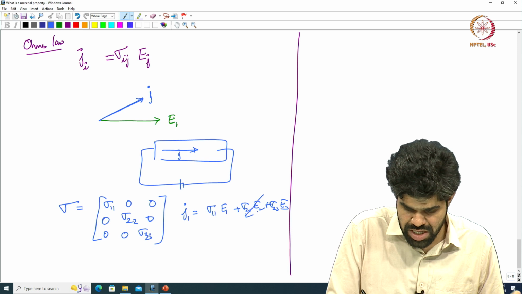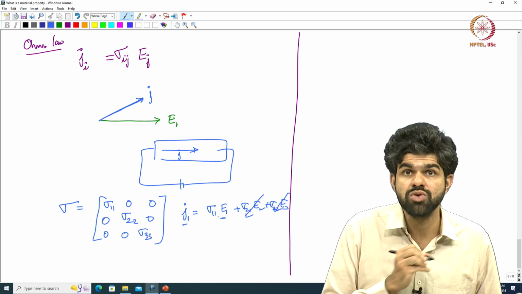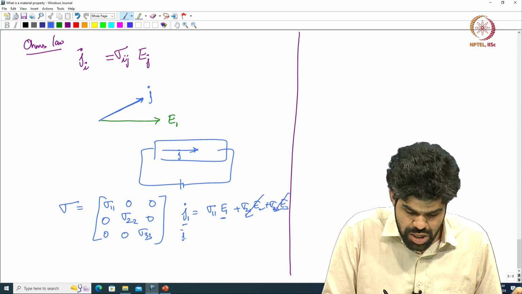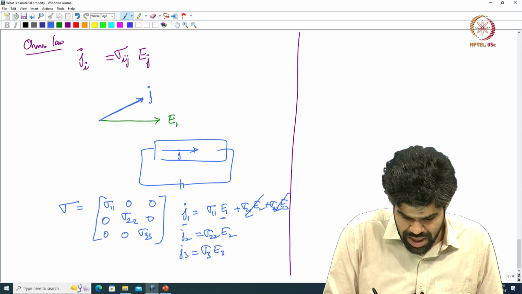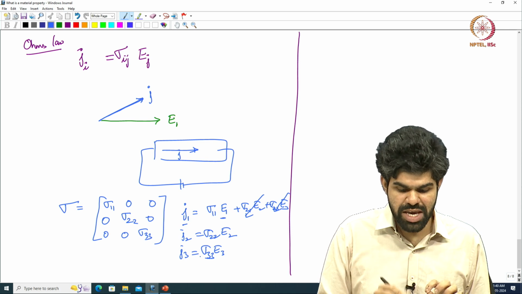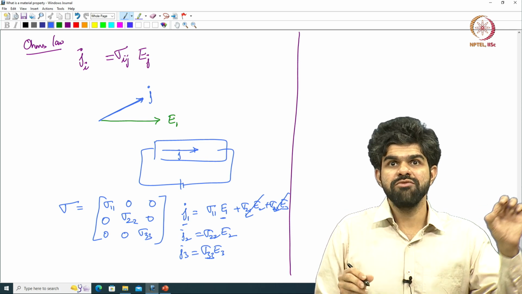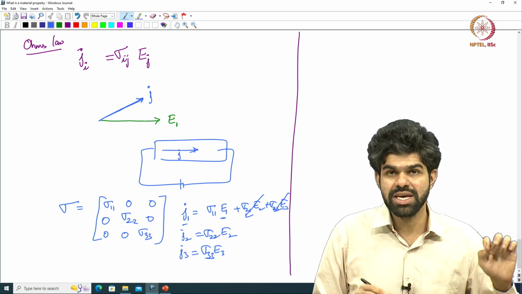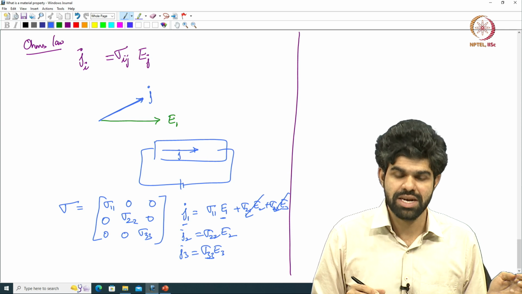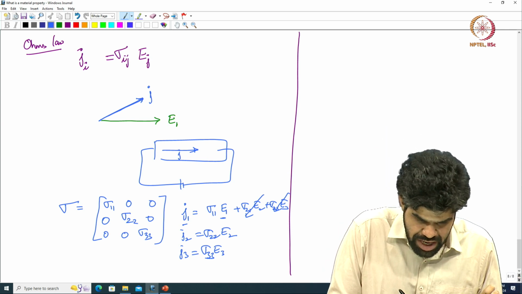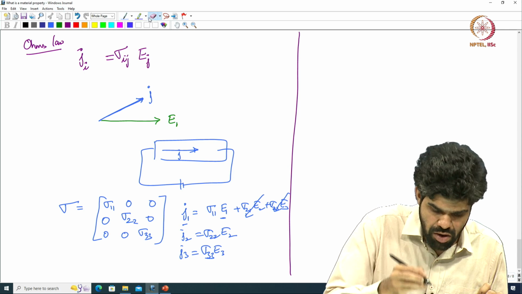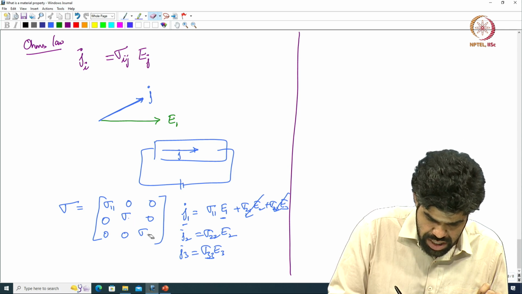These off-diagonal quantities are zeros, so J1 actually follows E1. Similarly J2 will be sigma 22 times E2 and J3 will be sigma 33 times E3. So here the currents are following the fields; whatever the electric field is, the current follows it.